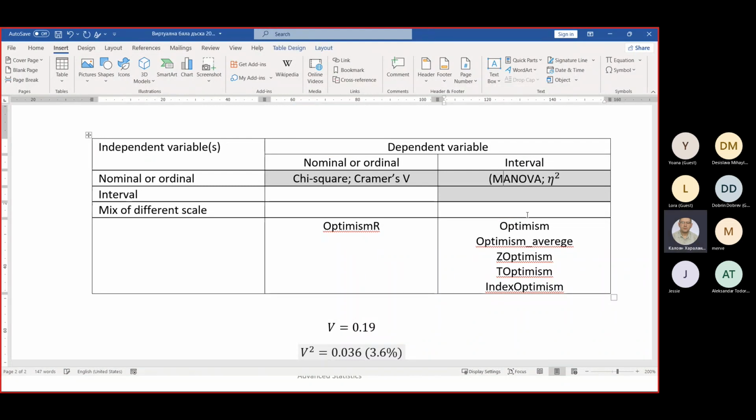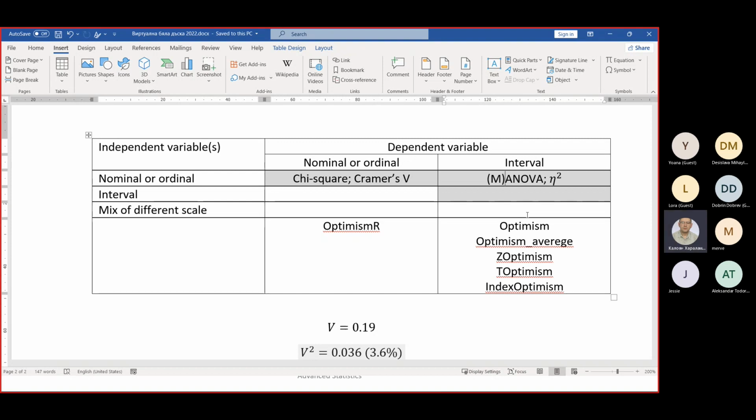Here M means multiple, but both in SPSS and in PSPP, MANOVA does not exist.